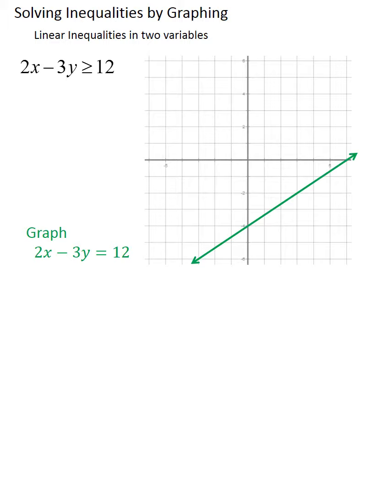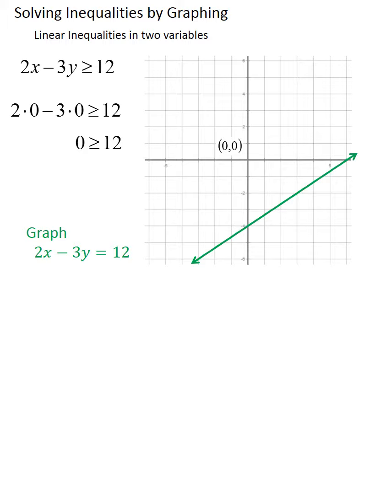But even more efficient is to just pick one point on either side of the line. My personal favorite, no rule says you have to do this, is the origin. I love the origin as a test point, 0, 0, because plugging in 0, 0 makes for some really easy arithmetic. 0 greater than or equal to 12, that's clearly a false statement.